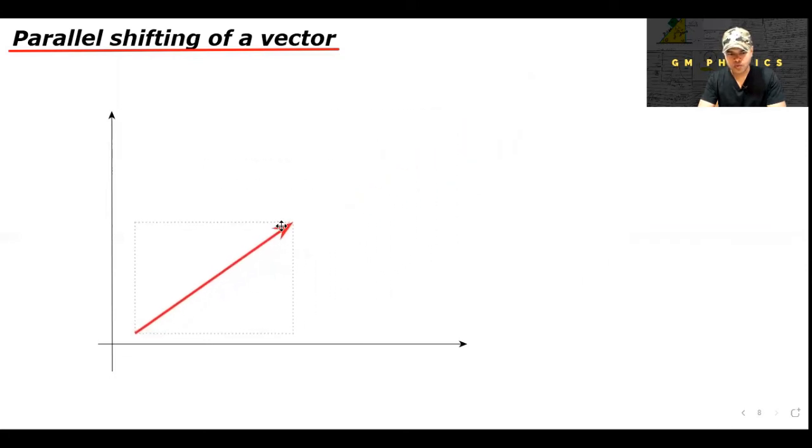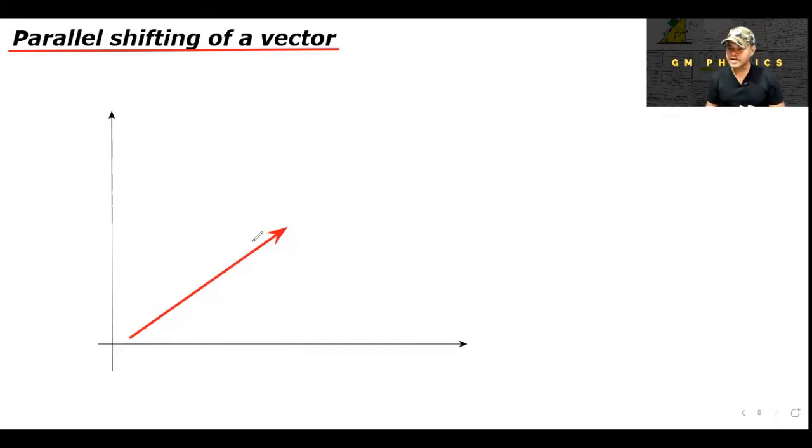Why is it so? What is the reason? Here we are representing a vector by an arrow. Its length represents the magnitude of the vector, and its orientation, or the direction of the arrow, represents the direction of the vector.